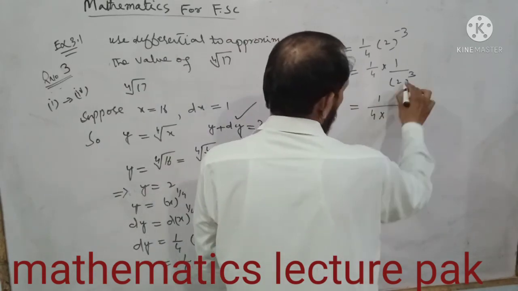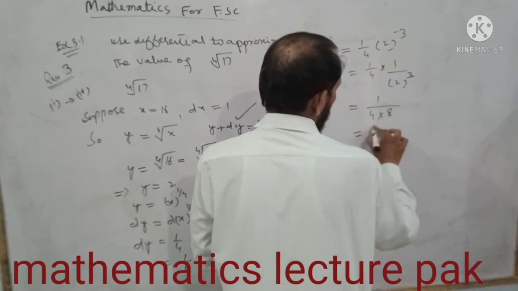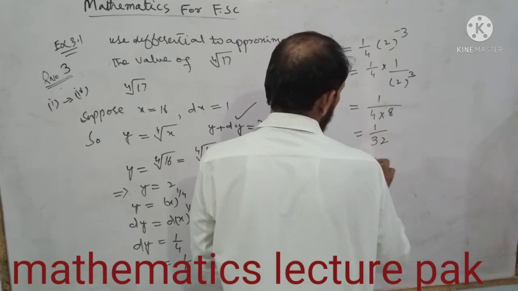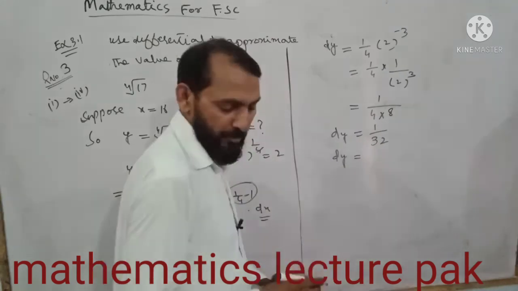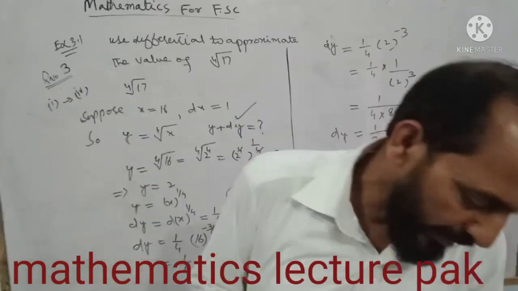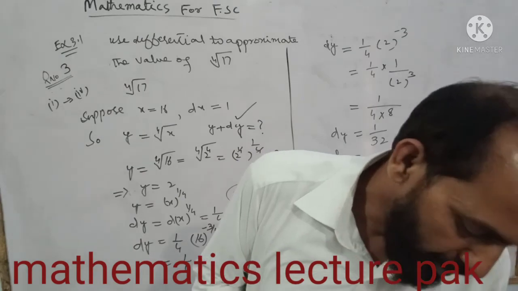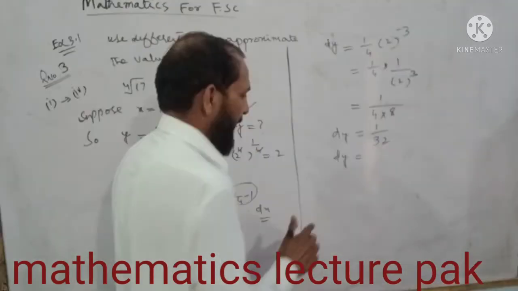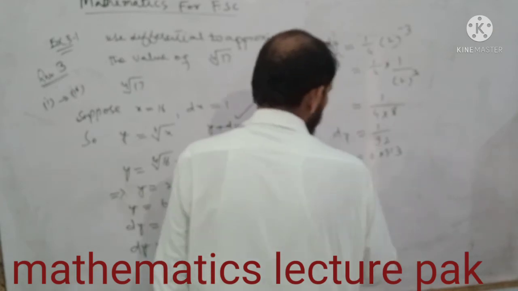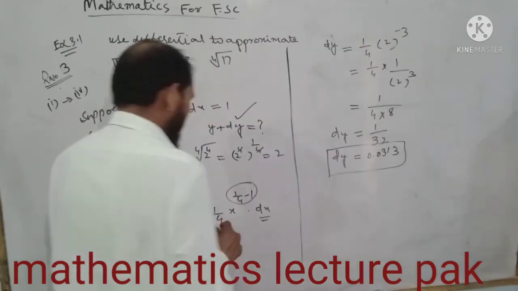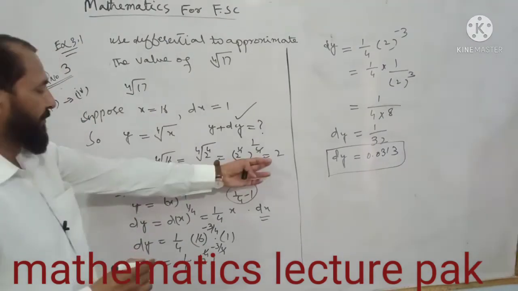After simplification, 1 over 4 times 8, 1 over 32. So we have 1 over 32, which we can write as 0.0313. This is the value of dy and this value is 2.